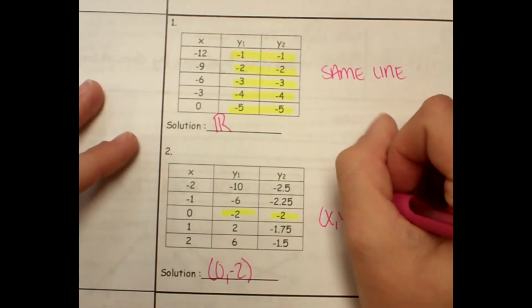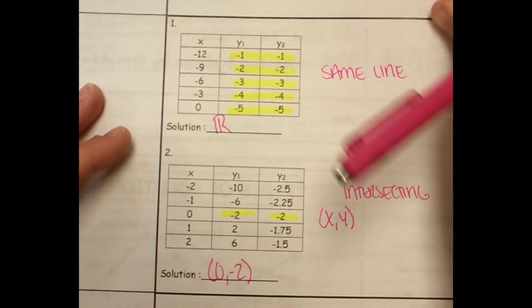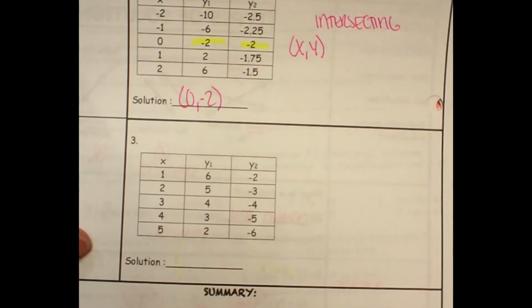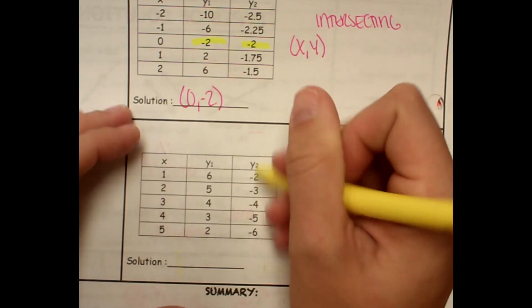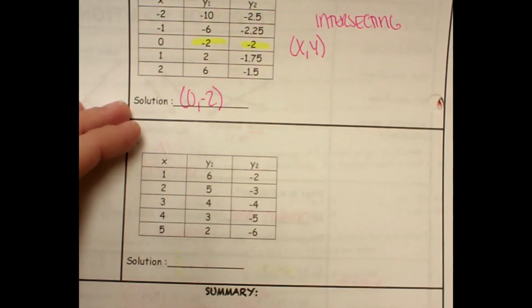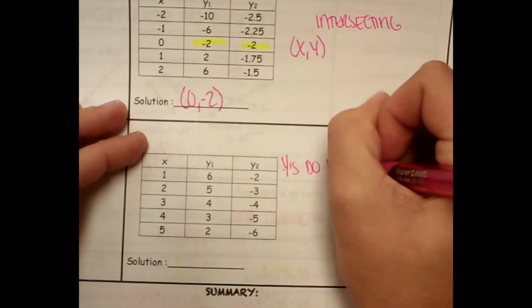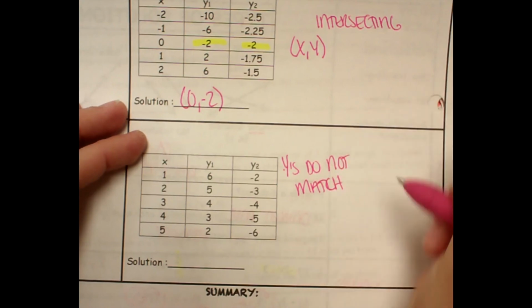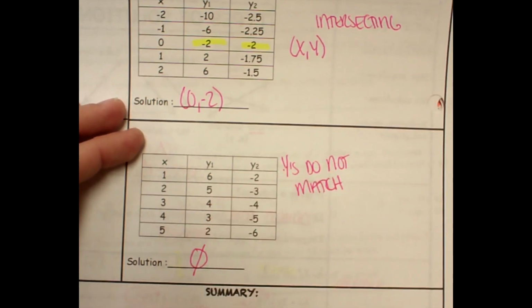These are intersecting lines with 1 solution. If we look at the bottom one, last example, these don't match, these don't match. None of these are going to match. So none of our y's match, which means we must have parallel lines, and we're going to have an empty set.